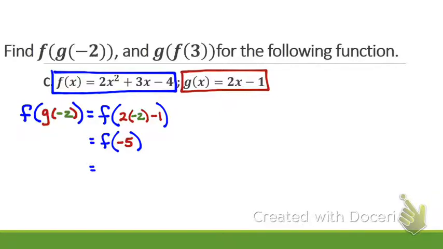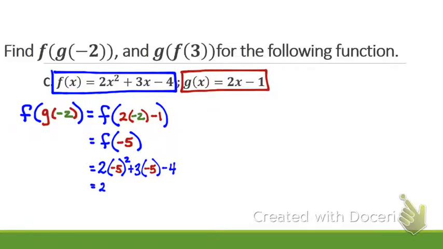And what are we going to put into that function in the place of the x? -5. So I have 2 times -5 squared plus 3 times -5 minus 4. What is -5 squared?